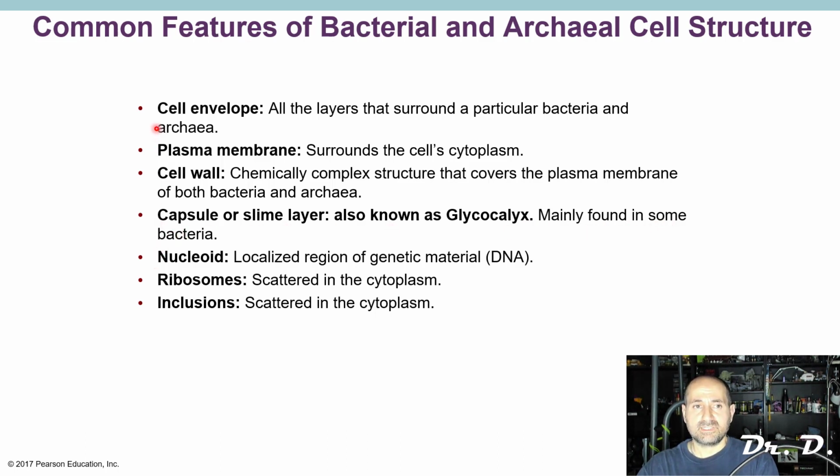All right, so again, cell envelope can include a plasma membrane, cell wall, or capsule or slime layer. Not all bacteria have a capsule. Not all bacteria have a slime layer. Not even all bacteria have a cell wall. Remember, I said there were some bacteria that do not have a cell wall. But some bacteria do have these structures, if that makes any sense.